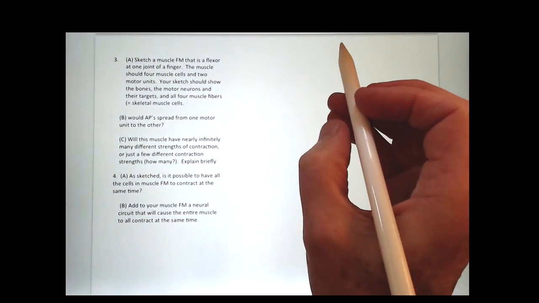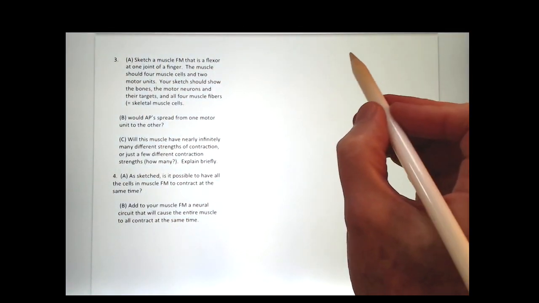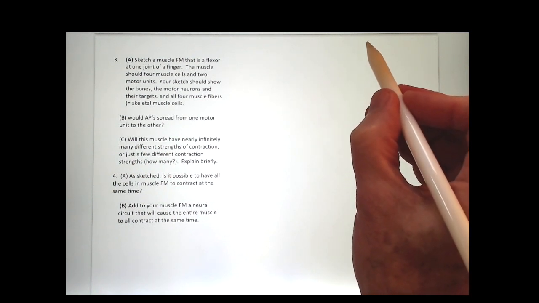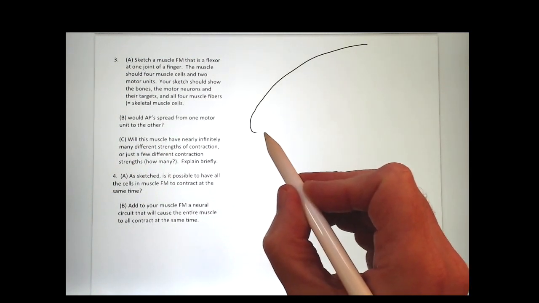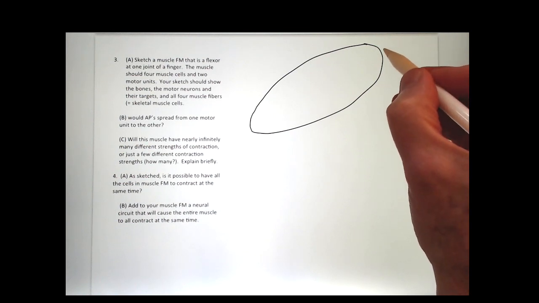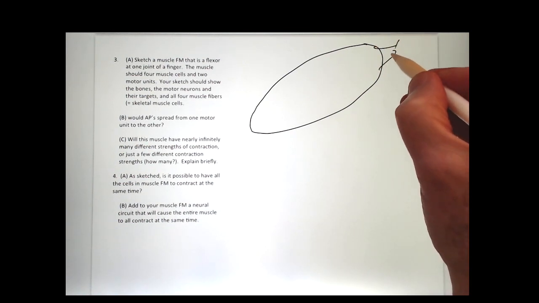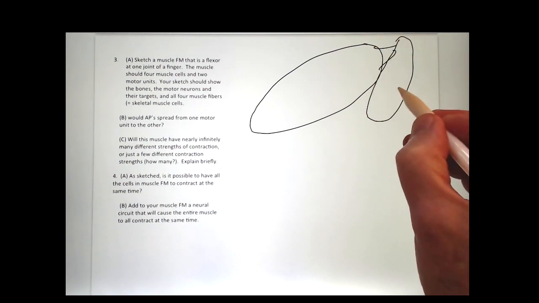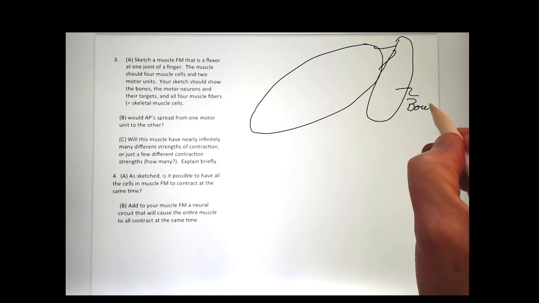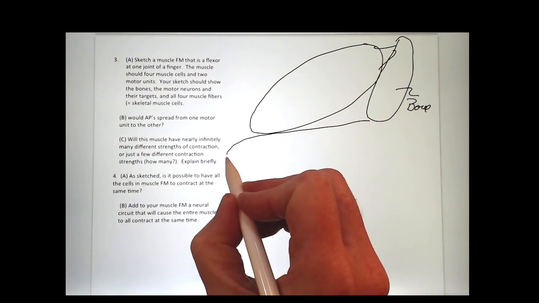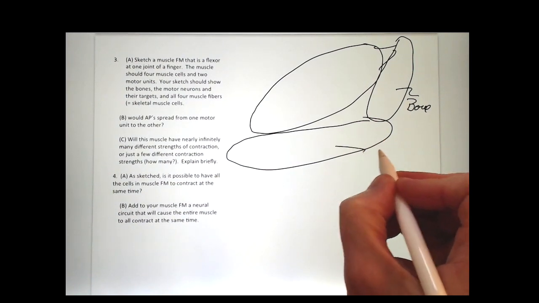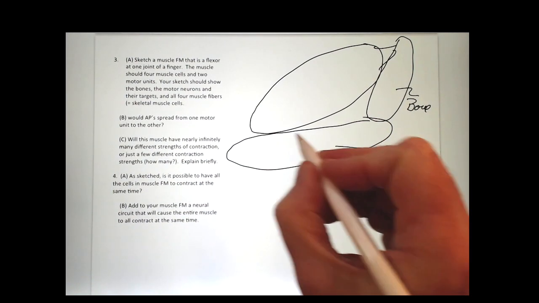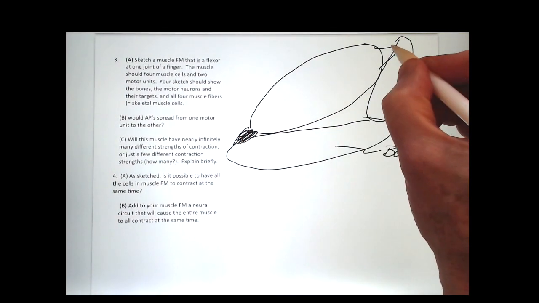So now we want a muscle that is a flexor at one joint of the finger. So here's the muscle. Here is the bone, and the other bone. We're going to attach it at both ends with a tendon.